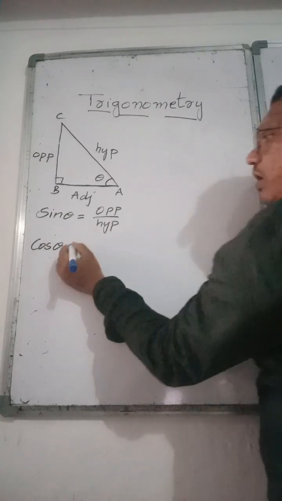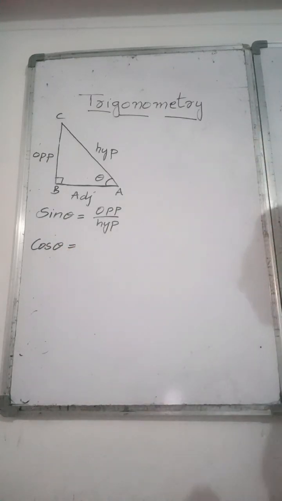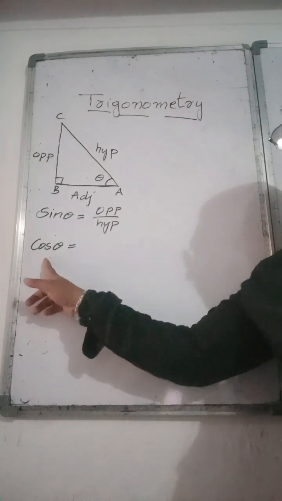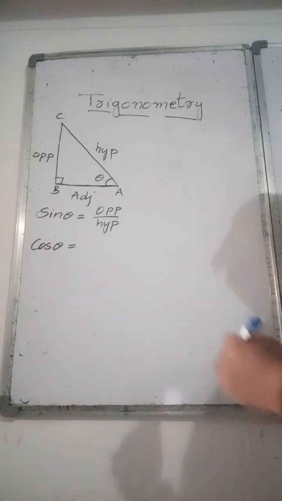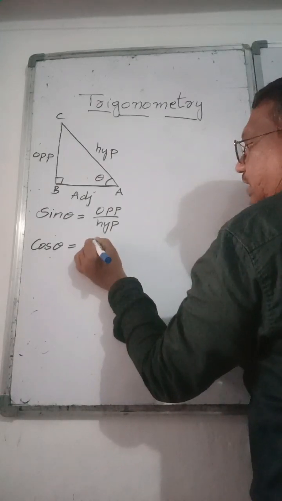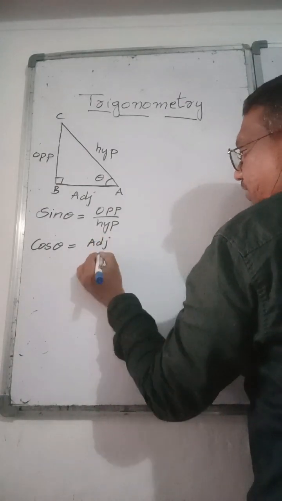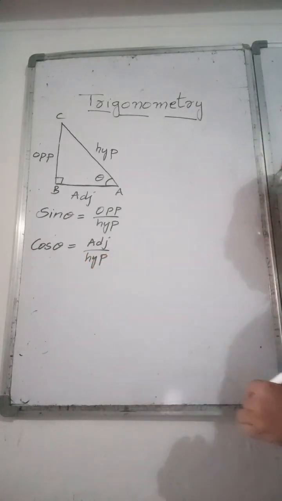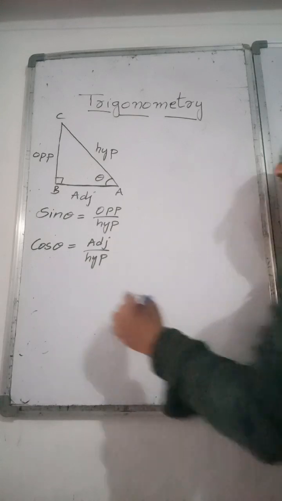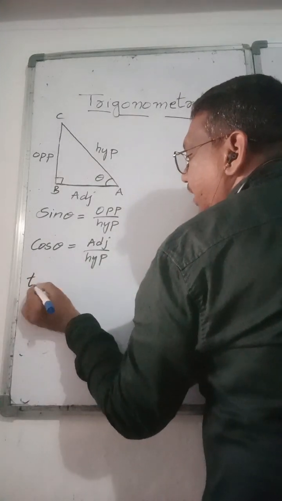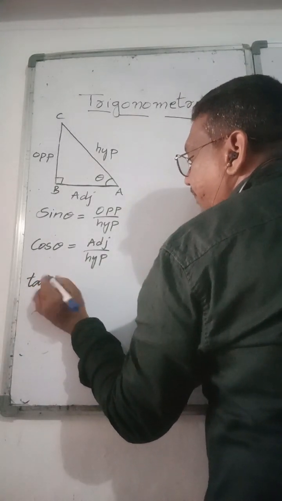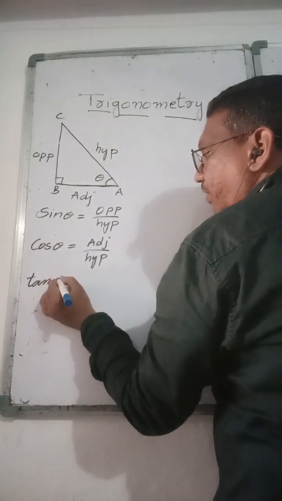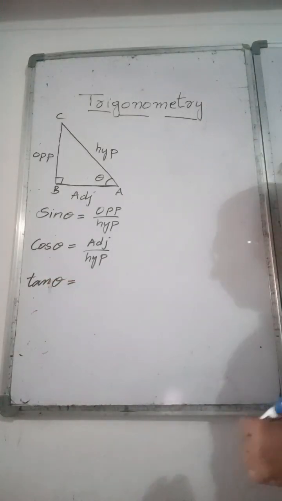The next is cos theta. Cos theta is actually cosine theta, in the short form cos theta, and cos theta is equal to adjacent by hypotenuse. Then the next is tan theta. Tan is tangent theta, the short form is tan theta.